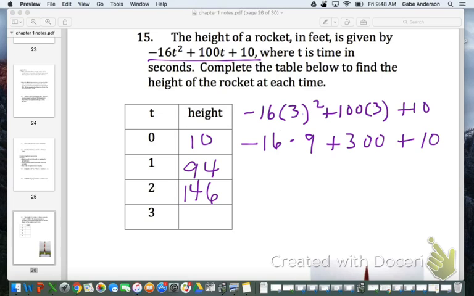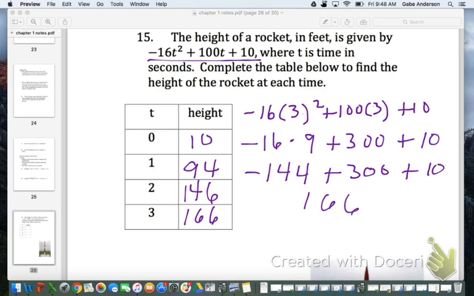Negative 16 times 9 is negative 144, plus 300 plus 10. Negative 144 plus 300 is 156, and then plus 10 would be 166. So I got 166.